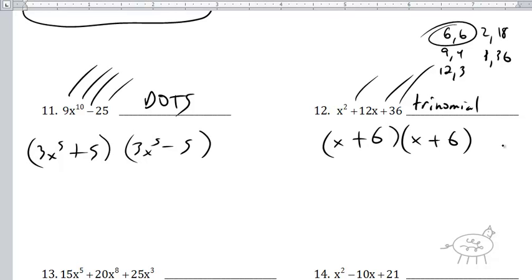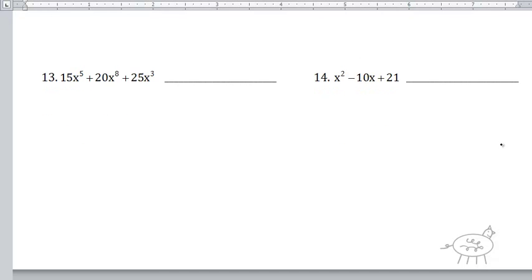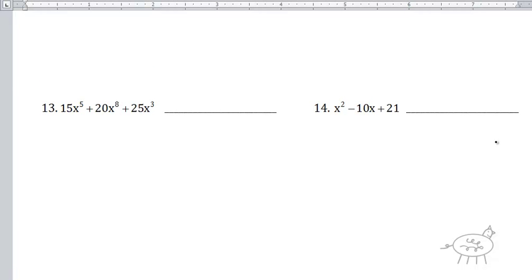Okay, pretty easy. And then the last two here. This is definitely a greatest common factor. So it's GCF, and I'm going to divide out 5x cubed. That's my GCF, 5x cubed, right? Because 5 goes into 15, 20, and 25 evenly, and the smallest exponent is your x cubed.